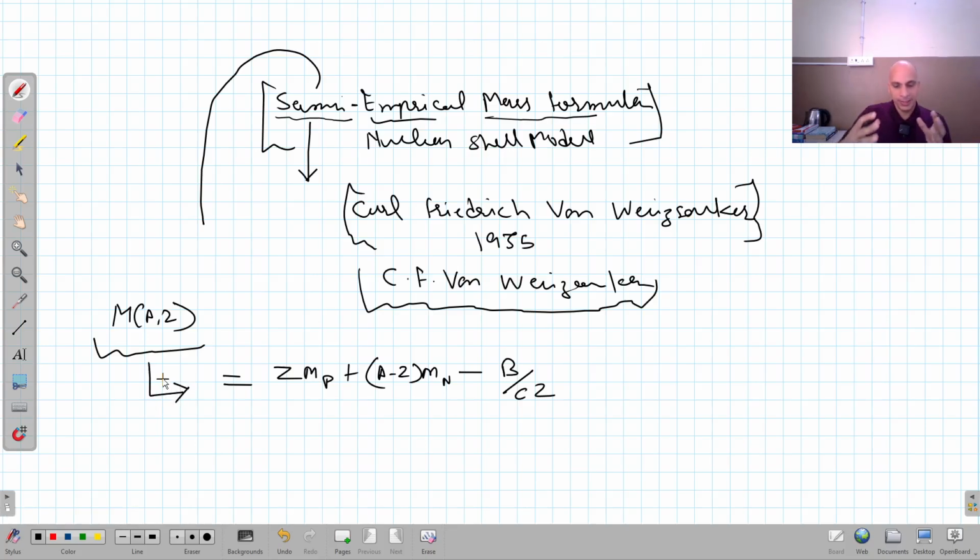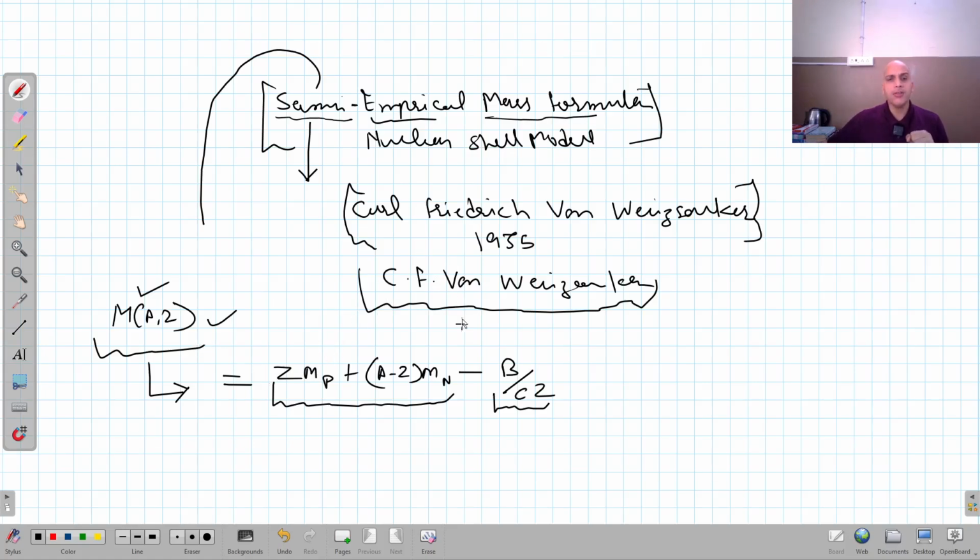I discussed this in the first chapter when I discussed the mass defect. When neutrons and protons join together to form the nucleus, the sum of their masses is always greater than the mass of the nucleus so formed, and the difference is in binding energy. Some of the energy is utilized in binding the nucleons together inside the nucleus. So this term represents the mass corresponding to the binding energy, and if I subtract it from the first term, it gives me the mass of the atomic nucleus.